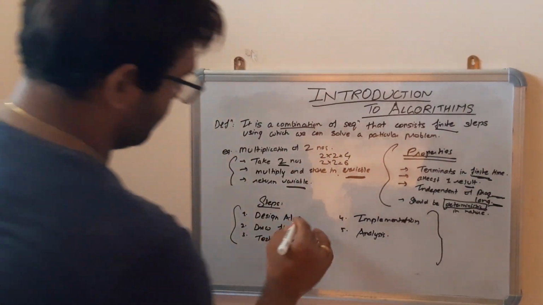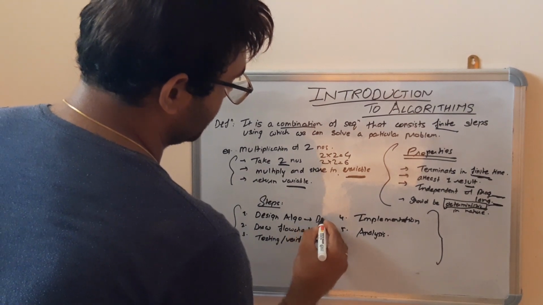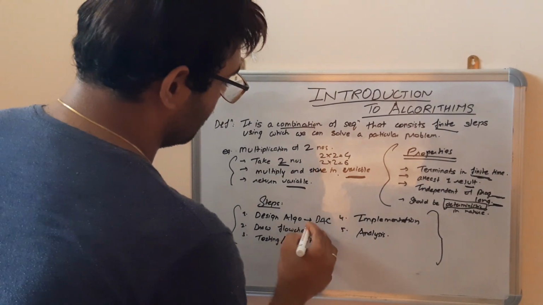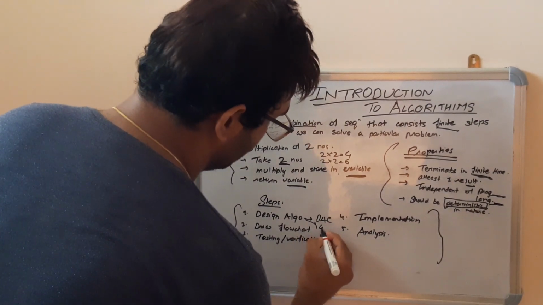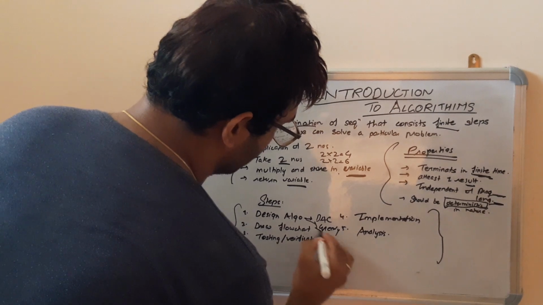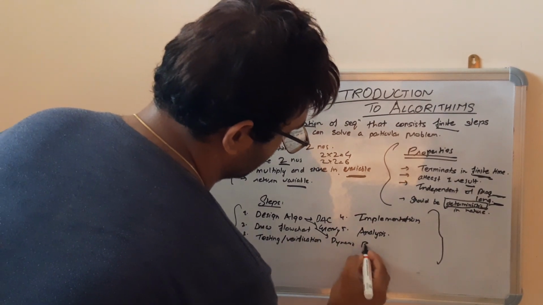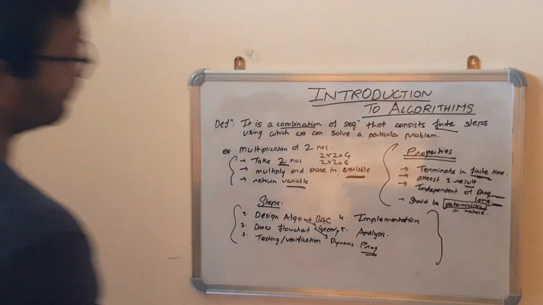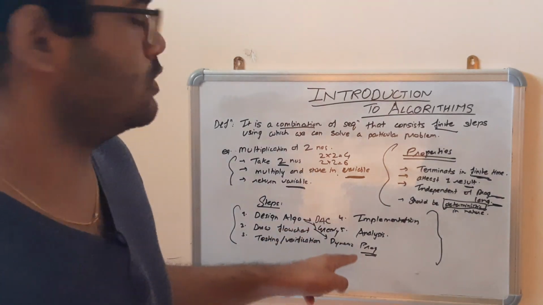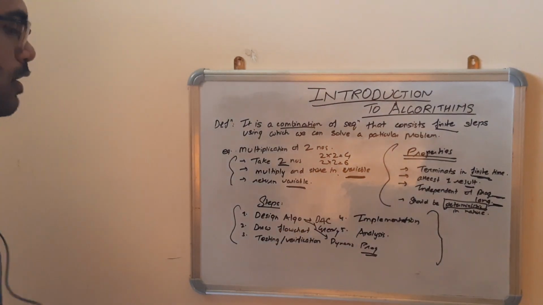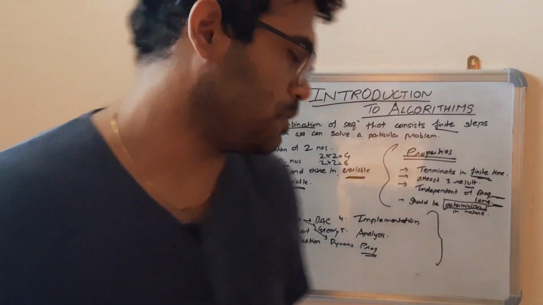In computer science, we have algorithm paradigms like DAC, divide and conquer, then greedy, then dynamic programming. In the following videos we'll be covering each one of these in terms of solving multiple problems, right?